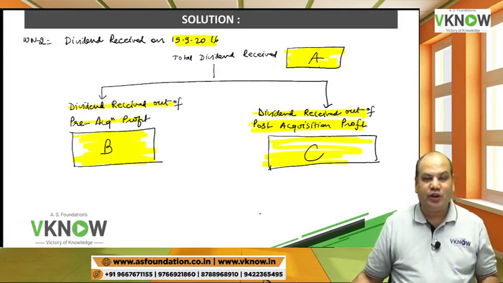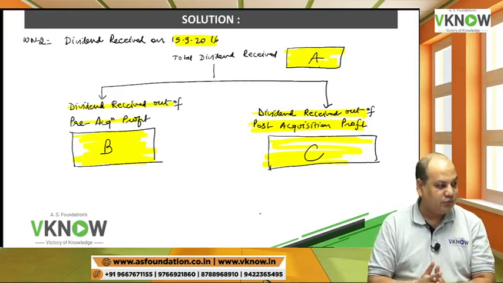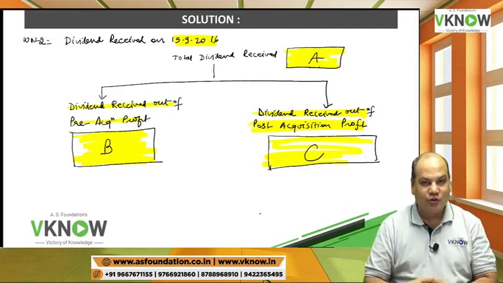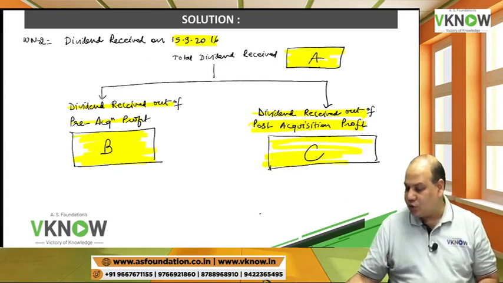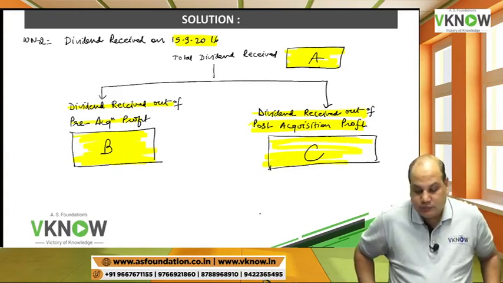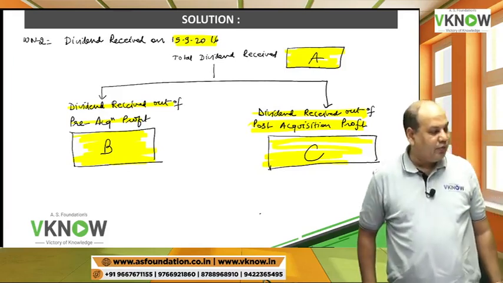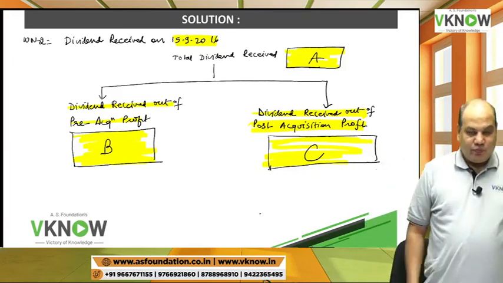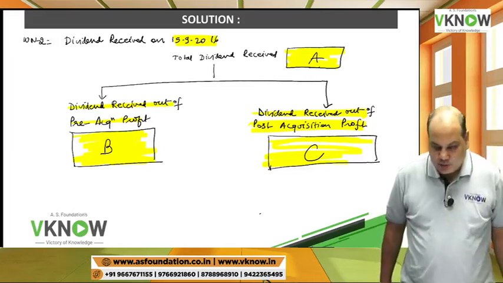So today your entire intelligence will be tested in full public view. The whole country is watching you. Show the intelligence. How much is the total dividend received? How much dividend is received out of pre-acquisition profit? How much dividend is received out of post-acquisition profit?